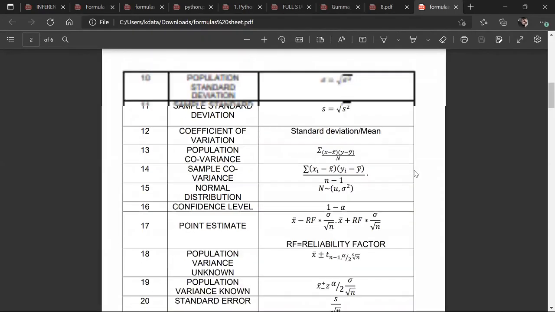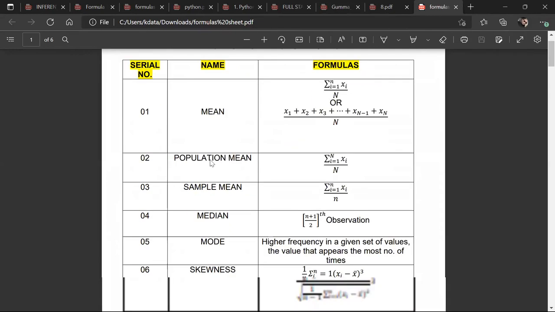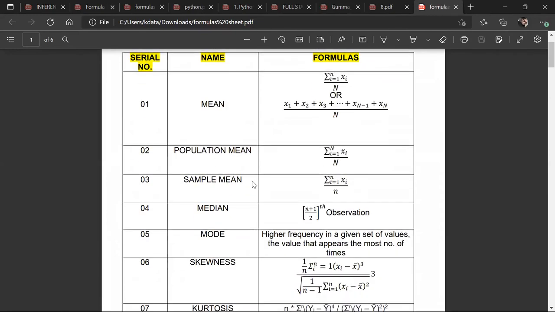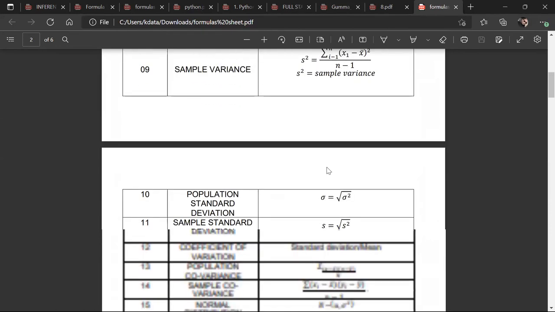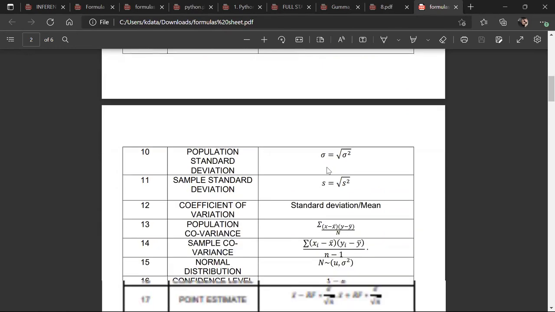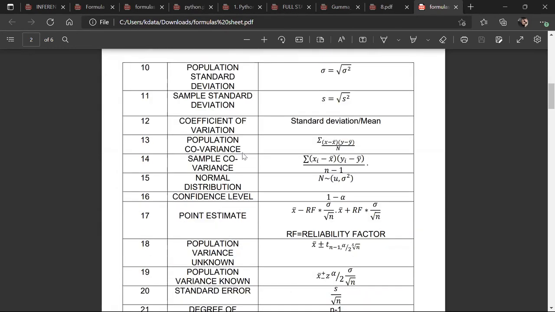We understood mean, population mean, sample mean, median, mode, skewness, sample variance, population standard deviation, sample standard deviation. When she prepared this, she became sharp because all the concepts are clear.